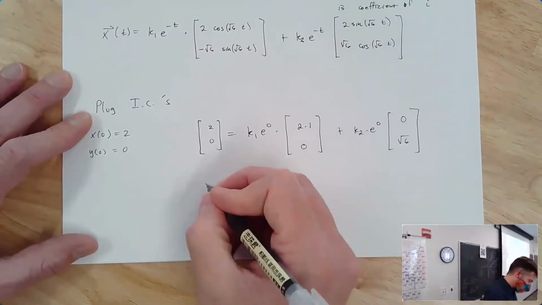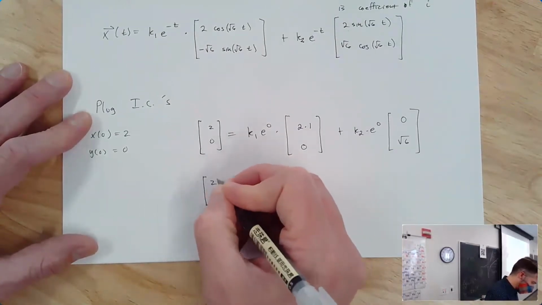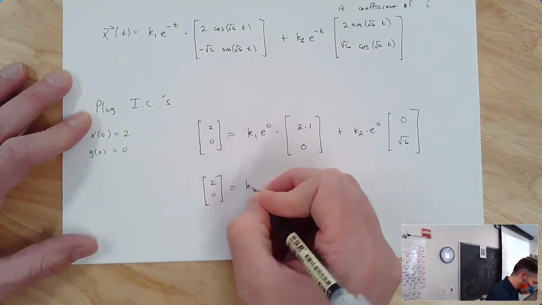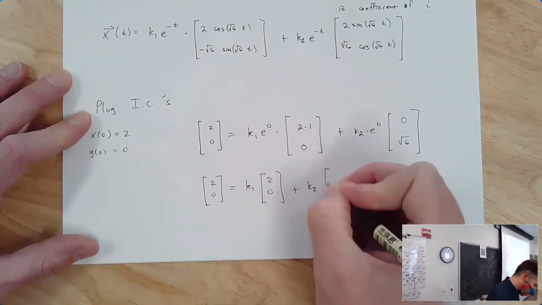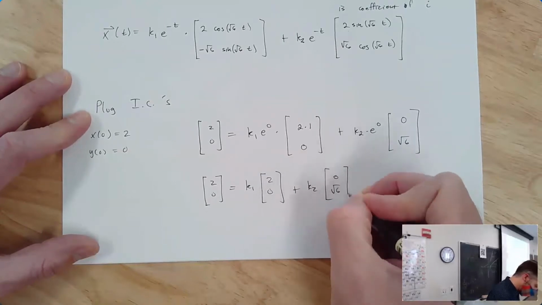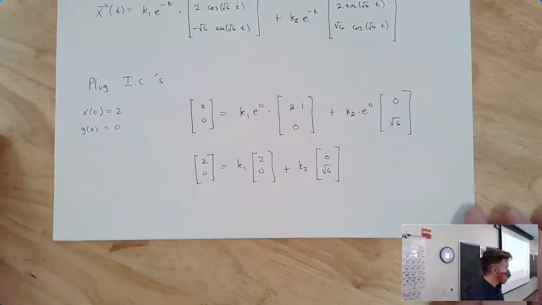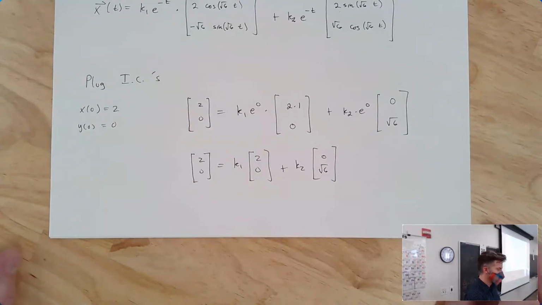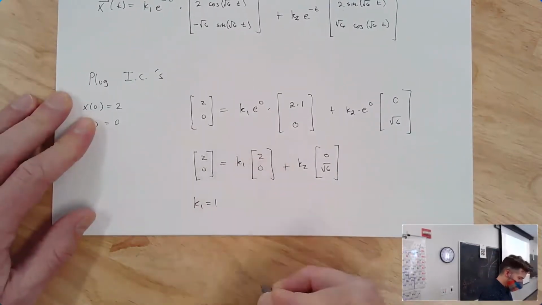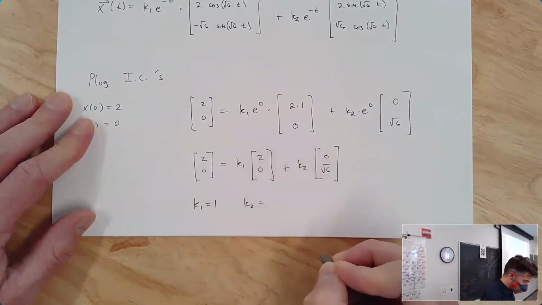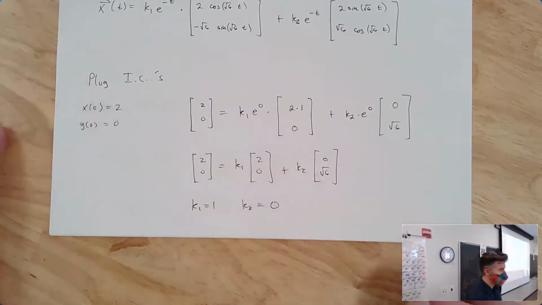So here's what I've got, and this one happens to turn out nicely, like the problem I saw someone working on earlier. Can anyone tell me what K1 has to be? It's a nice number. K1 has to be 1. K2 has to be 0.